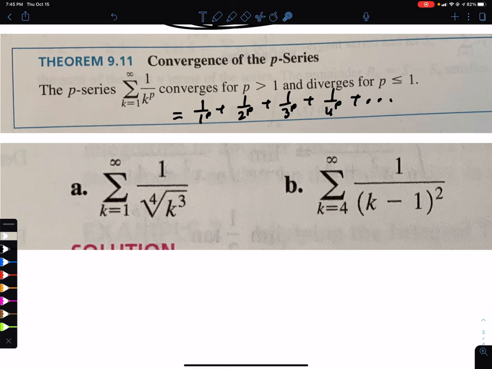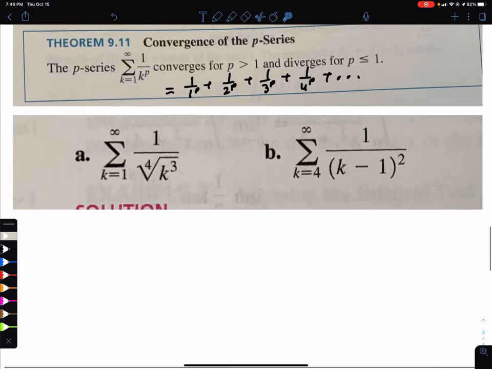Now that might look familiar to you because if p is 1, that's your harmonic series. So what does this say? In order for this series to converge, p must be bigger than 1. If p equals 1, it diverges. That's your harmonic series. If p is less than 1, it diverges. So that's what you have to know.